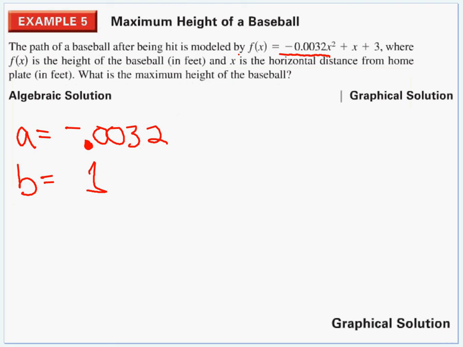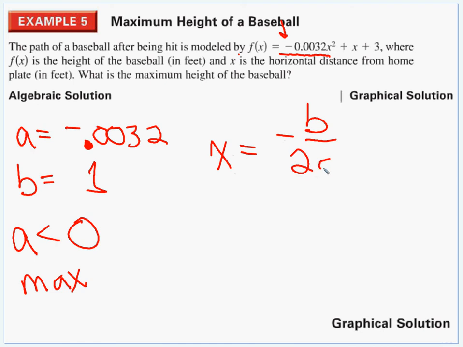So working on this one. Since A is less than 0, this is a negative number. It's a negative 0.0032. A is less than 0. We are going to have a maximum. This will lead us to a max, and that max value is going to occur at negative b over 2a. The x value, negative b over 2a. So we have a negative out front.